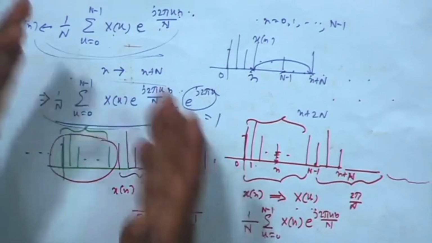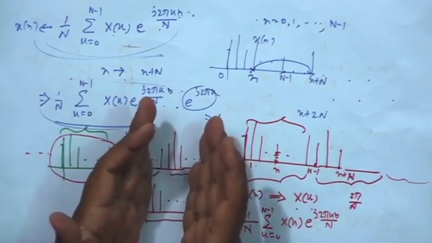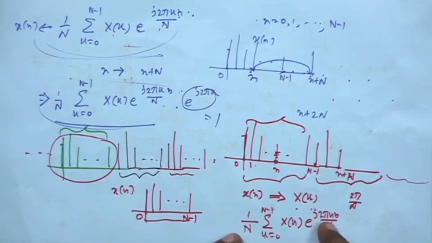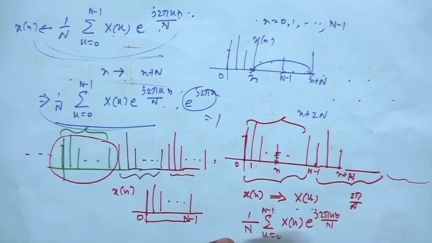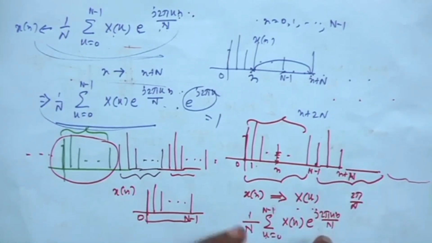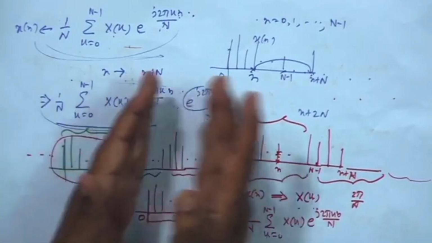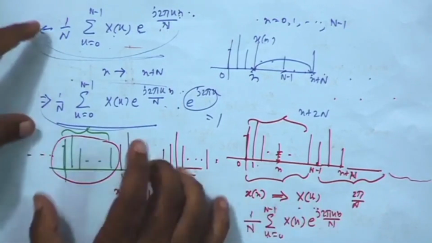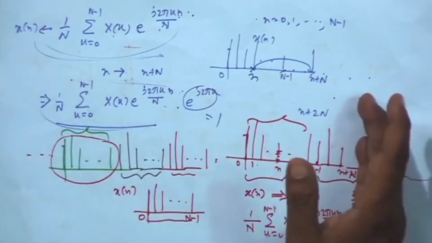How to get the formula? Take one period from 0 to capital N minus 1, take its DFT, use the DFT in the inverse DFT formula, and then allow small n to take all values. In that case, what we will get is periodic repetition of the basic finite length sequence. So this is one way of representing a periodic, but infinitely long sequence.